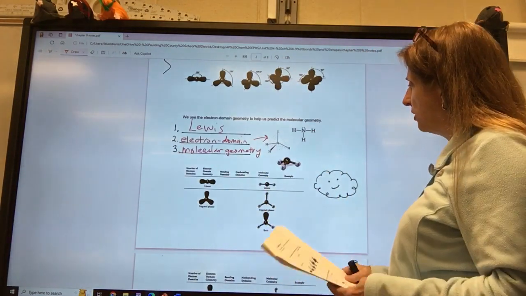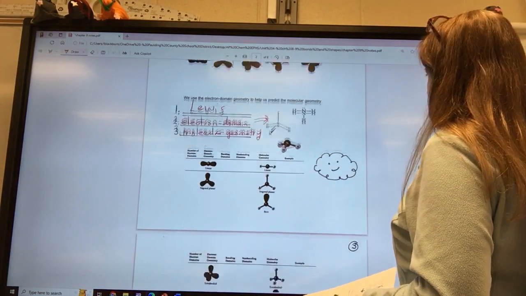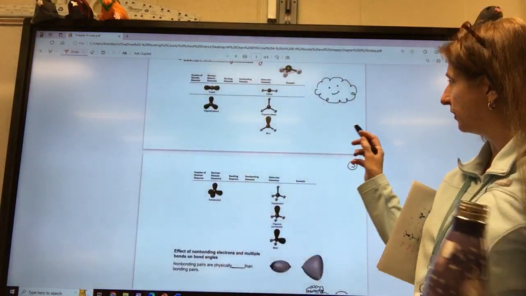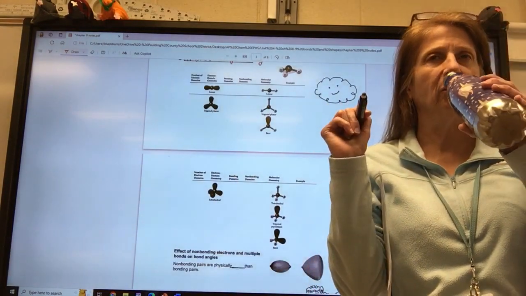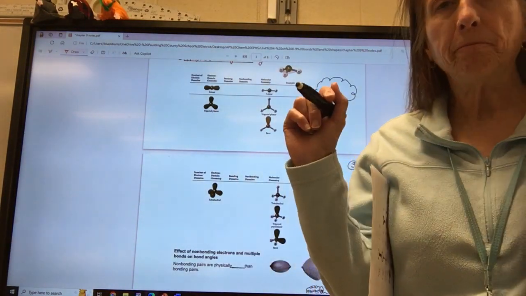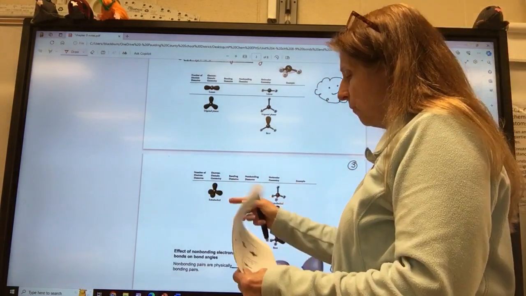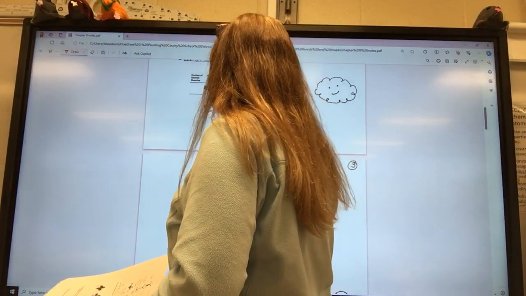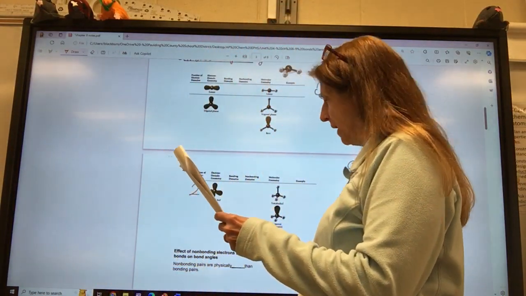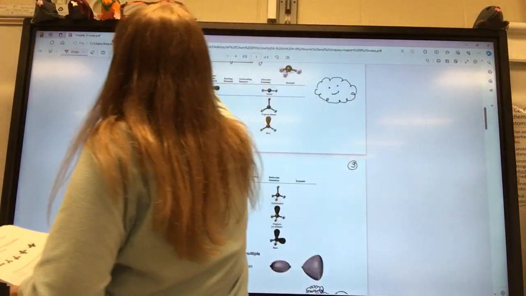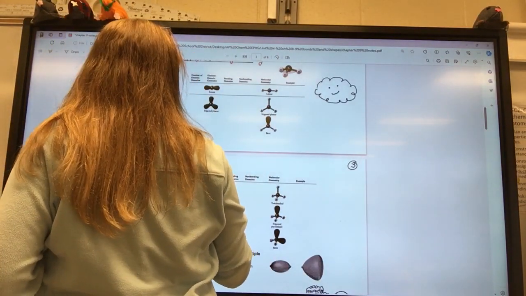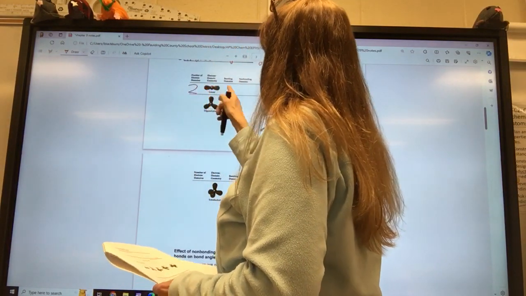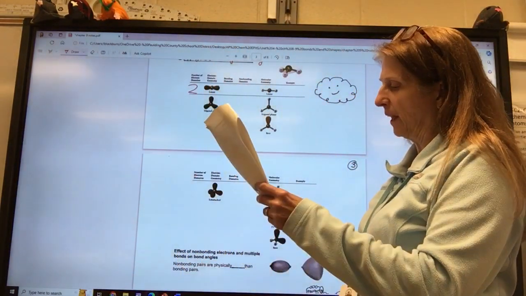Okay, so now we're going to talk about how we can know what shape they are. And it has to do with how many electron clouds it has. That's our friendly little electron cloud encouraging us to do this well. Okay, so first of all, it's always going to have at least two. This one has two electron domains, two things coming out of it.